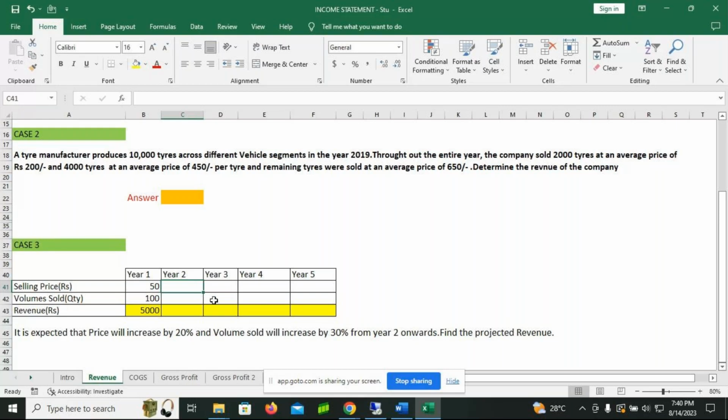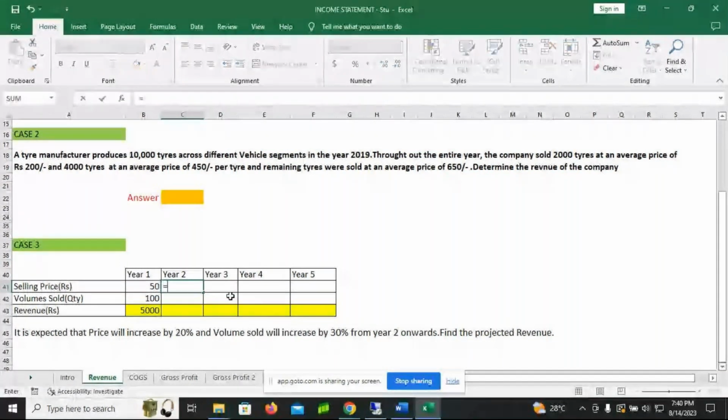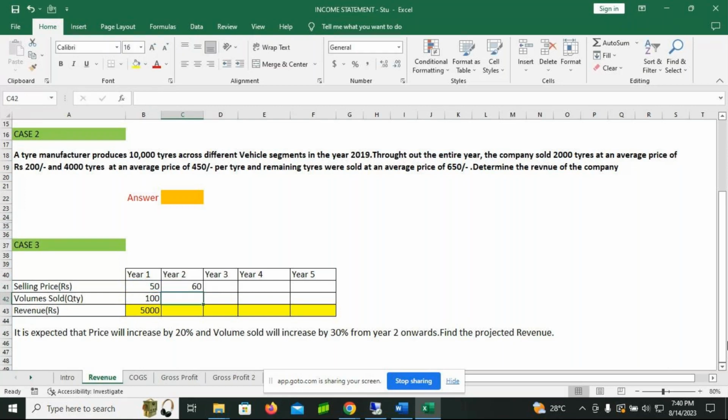So I take the selling price into the 20% hike, plus 50 rupees, and drag it.